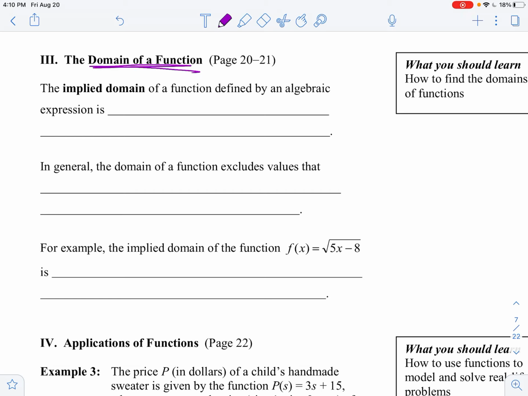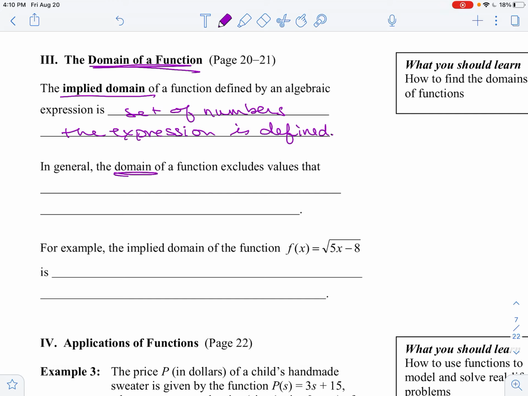And then let's talk about the domain of a function. The implied domain of the function is the set of numbers for which the expression is defined. So basically, we say, okay, this works for these values of x. That's the implied domain.